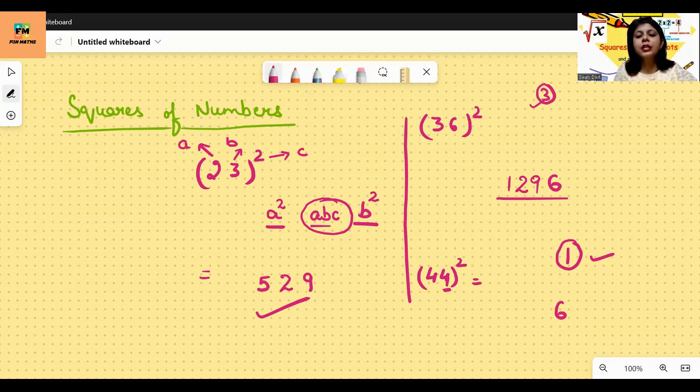So 4 into 4. Yes, very good. 4 4s are 16 and 16 2s are 32. 32 plus 1 would be 33 and 3 will be carry forwarded. And now again 4 square is 16 and 16 plus 3 is 19. Yes. So 1936 is the square of 44.